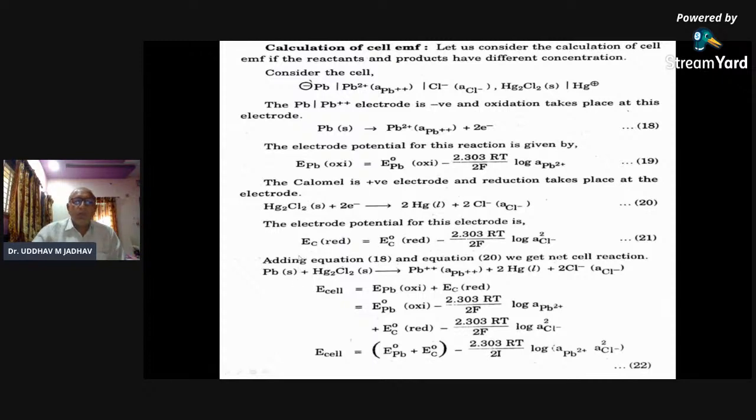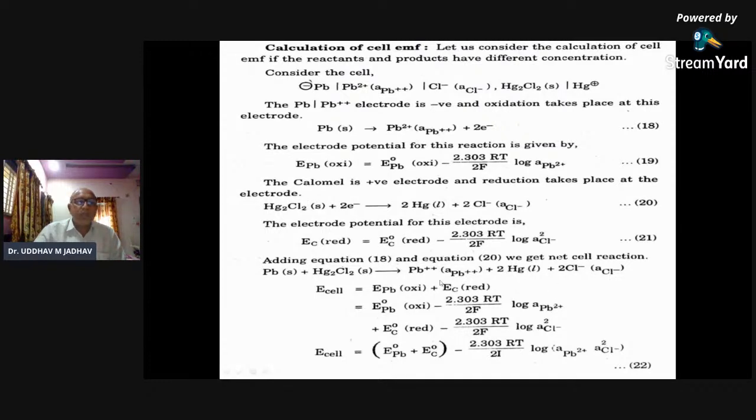And therefore the reaction here: this lead solid, then this Hg2Cl2 solid. Now here lead 2 plus ion, then here 2Hg plus 2Cl minus ion, having activity of Cl minus ion.